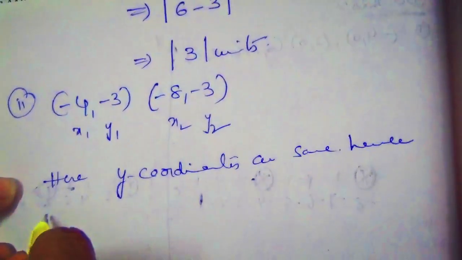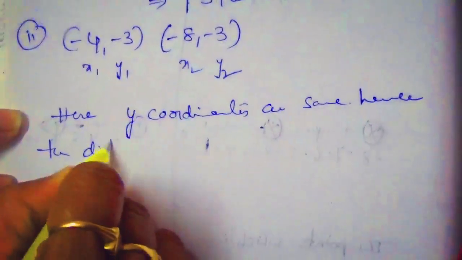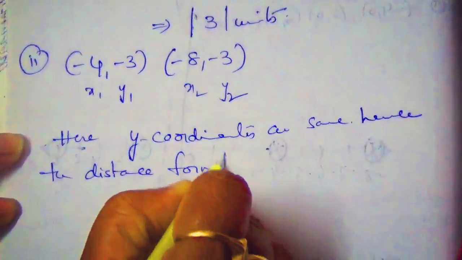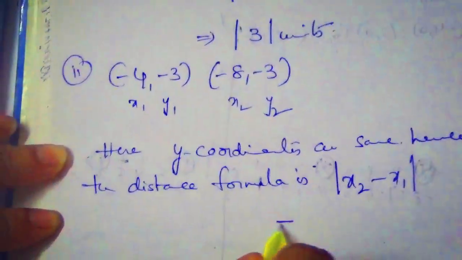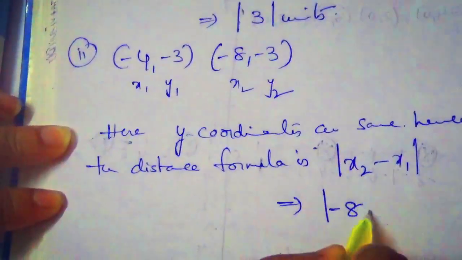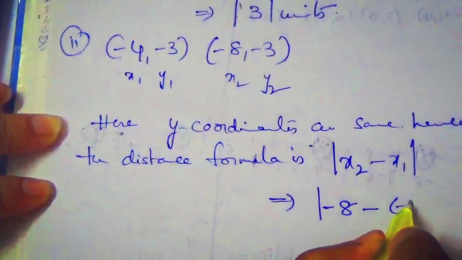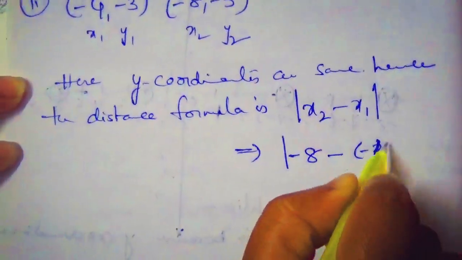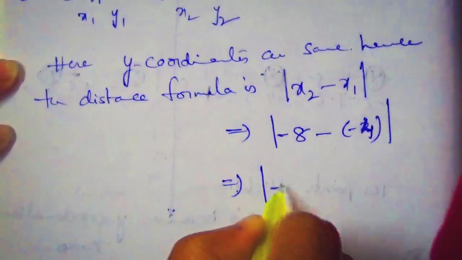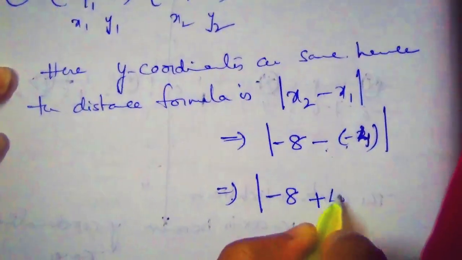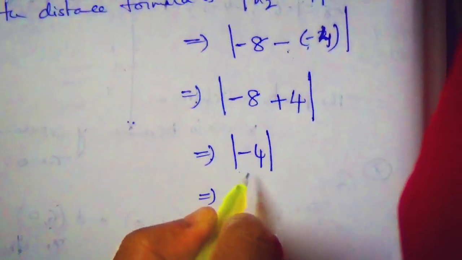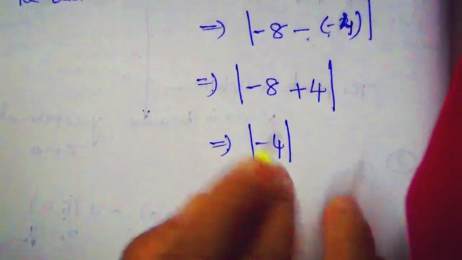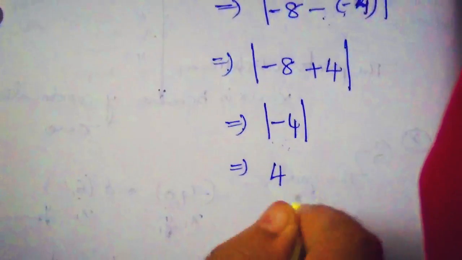Hence the distance formula is x2 minus x1, that is minus 8 minus of minus 4, which is minus 8 plus 4, that implies minus 4. But the modulus is there, no? Hence this minus 4 becomes a positive value, that is 4 units.